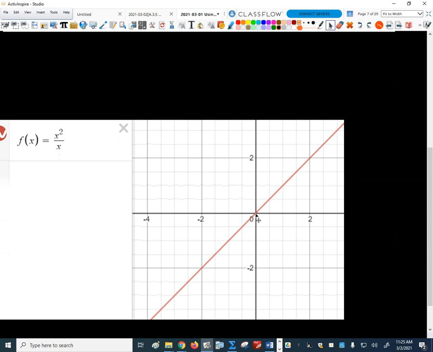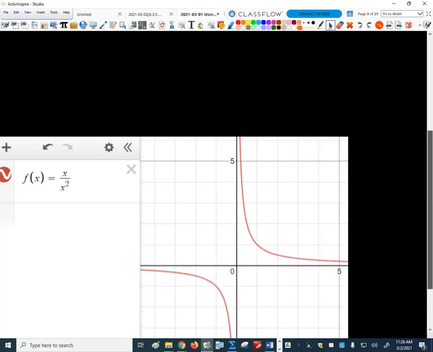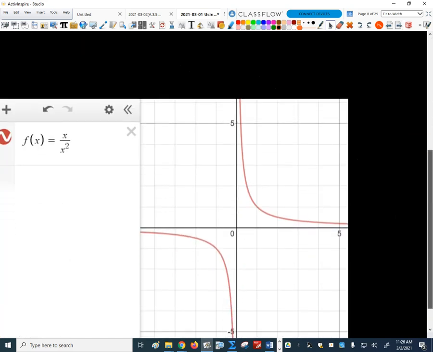Clearly, that's a hole, isn't it? Everybody agree? Okay. However, this is the one where I think a lot of times people make mistakes. What if I take the function x over x squared? 0 is a shared zero of the top and the bottom, but that clearly gives us a vertical asymptote. So what's the difference?